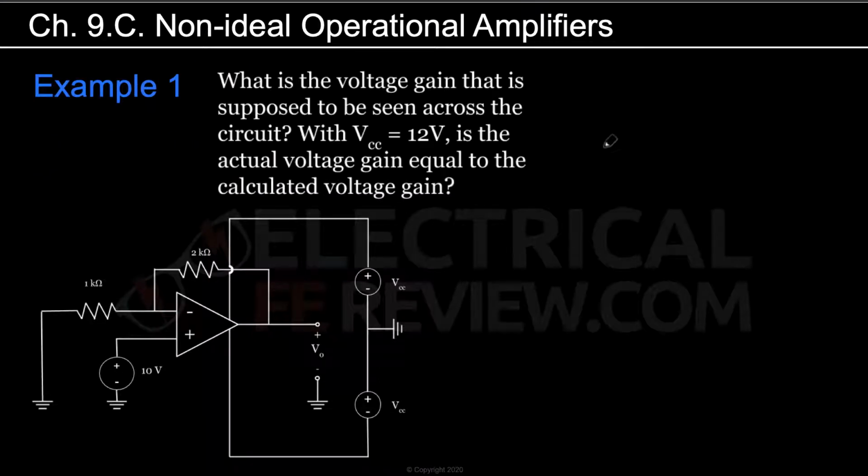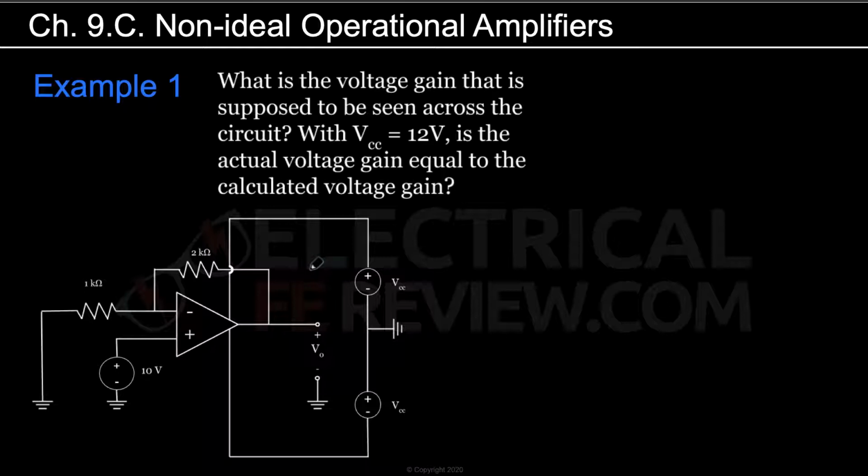Okay, so now we're going to be looking at this problem that involves a non-ideal op amp. The question is, what is the voltage gain that is supposed to be seen across the circuit? With VCC equal to 12 volts, is the actual voltage gain equal to the calculated voltage gain?